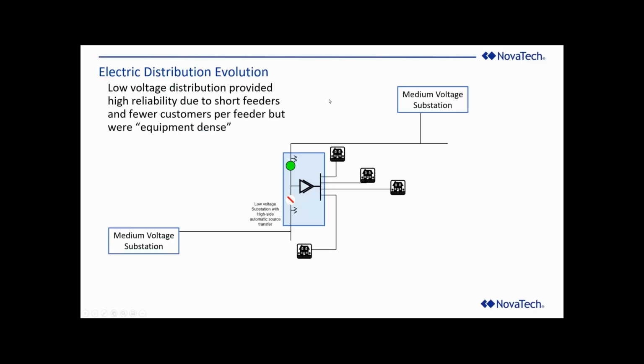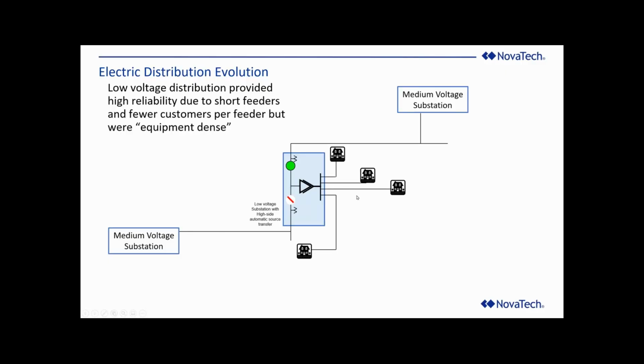The distribution system has evolved over the last few decades. In earlier days, back when I was first starting in the utility business, there were many small substations with low voltage distribution feeders coming out of them, serving customers in the neighborhood.